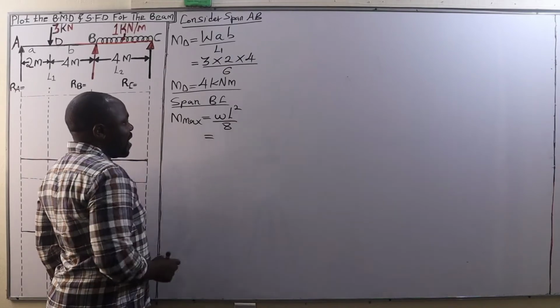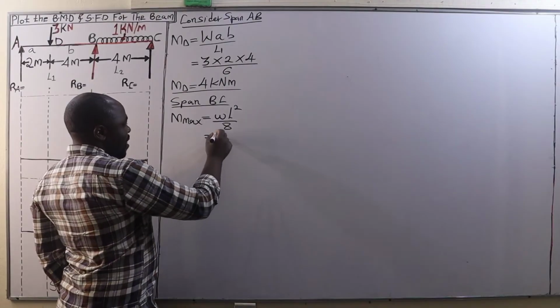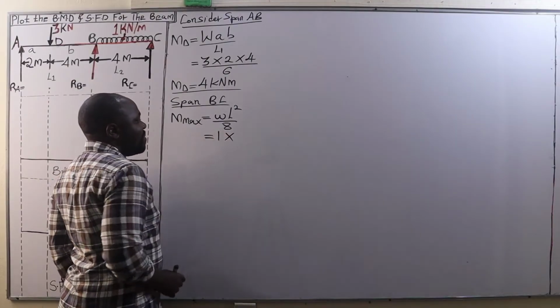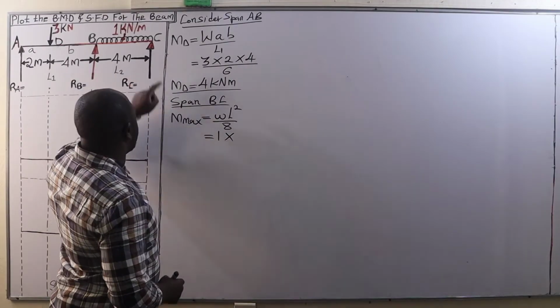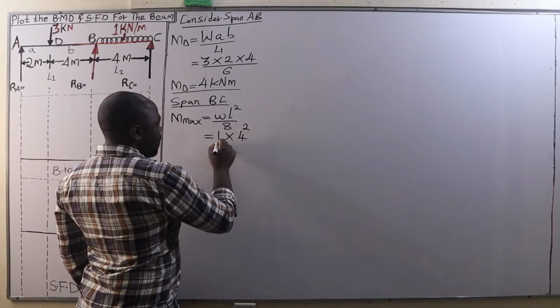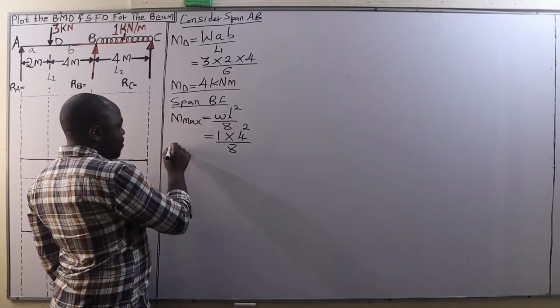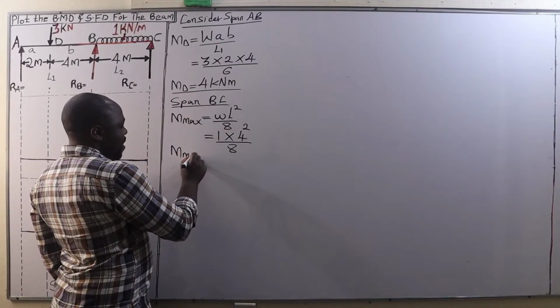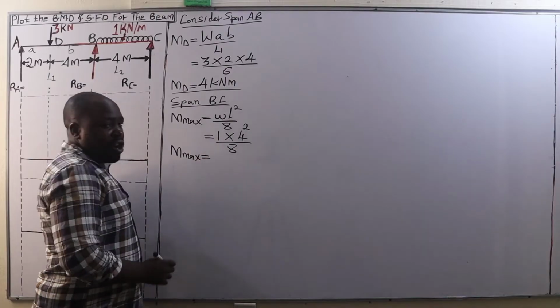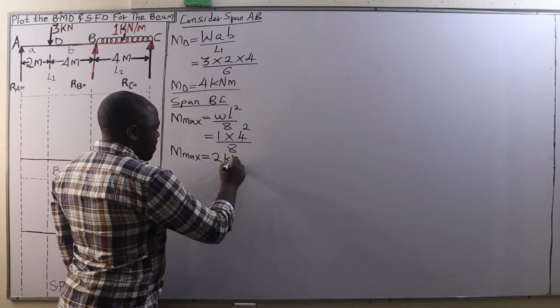In this case, W is the UDL of 1 kilonewton per meter. Therefore, that's 1 times the span BC, which is 4 meters, so 4 squared, divided by 8. This gives us a maximum bending moment of 2 kilonewton meter.